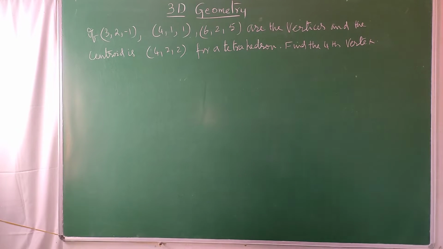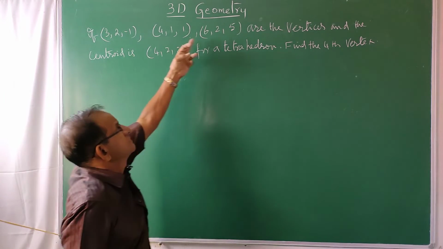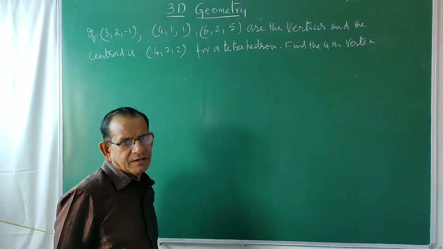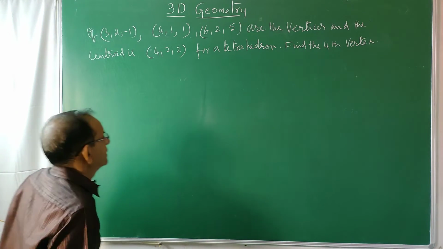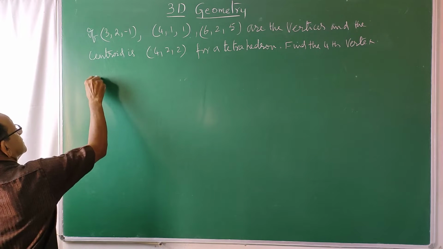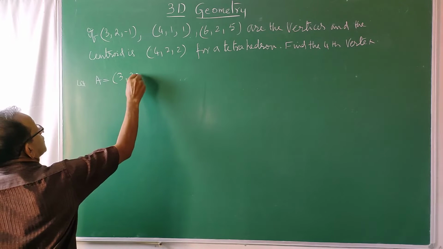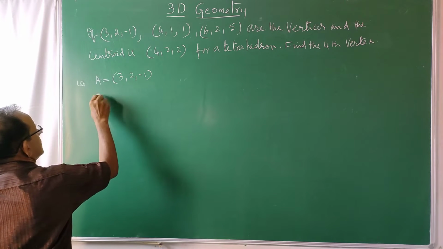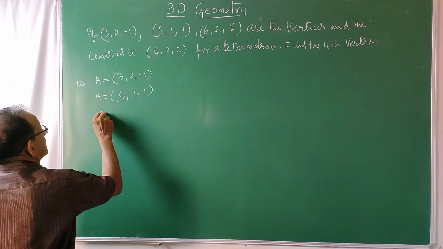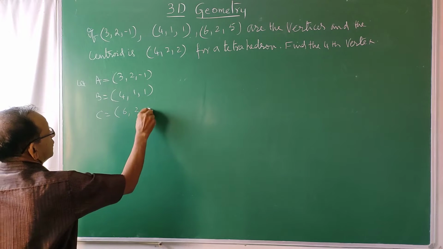Now here in this question, for a tetrahedron, 3 vertices are given, 4th vertex is not given, and centroid is given. What is the 4th vertex? Now let us take the 3 points as ABC first. Let A is equal to 3, 2, minus 1, B is equal to 4, 1, 1, and C is equal to 6, 2, 5.